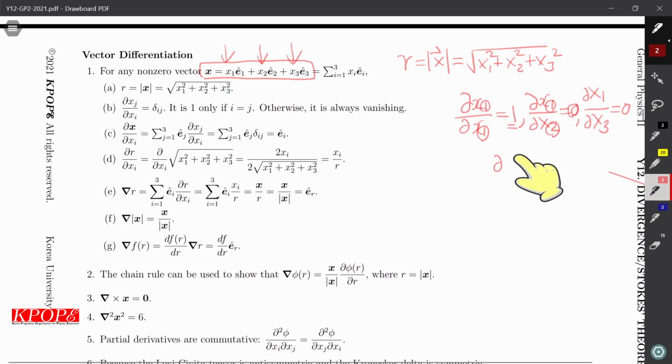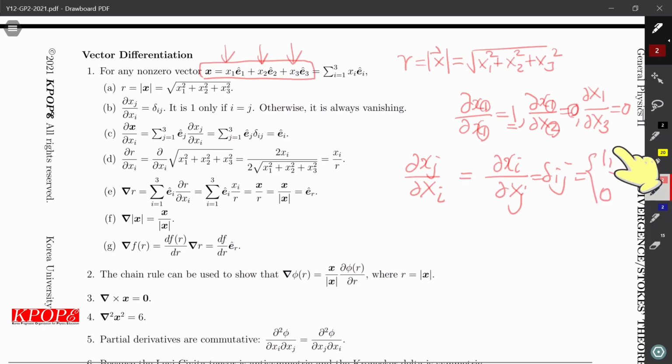Therefore, the partial of xi with respect to xj equals delta ij. It is the same for xj with respect to xi. It is either 1 or 0: if i equals j, it's 1; if i is not equal to j, it is 0.